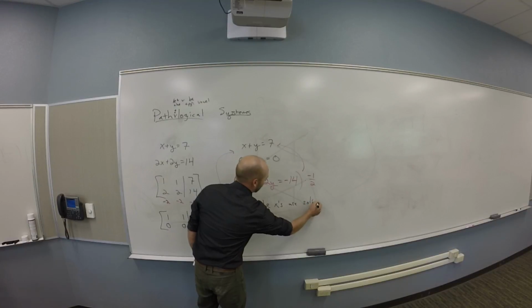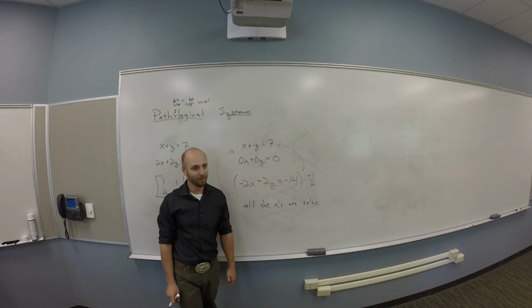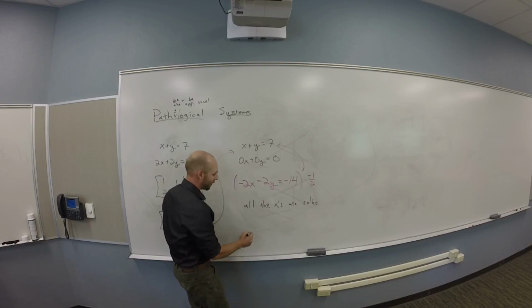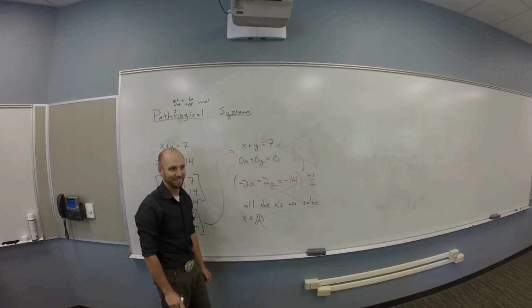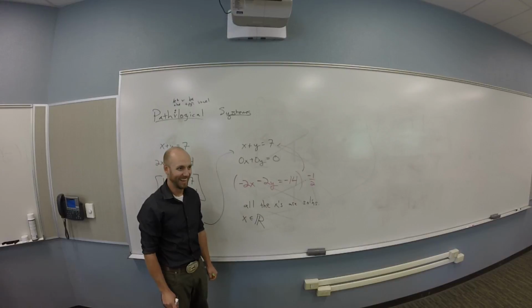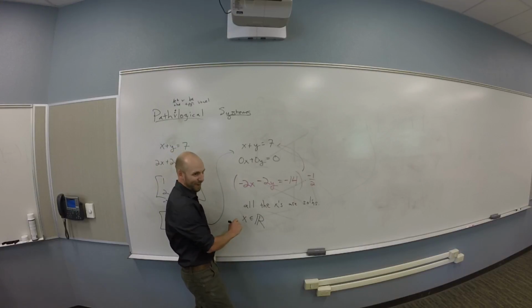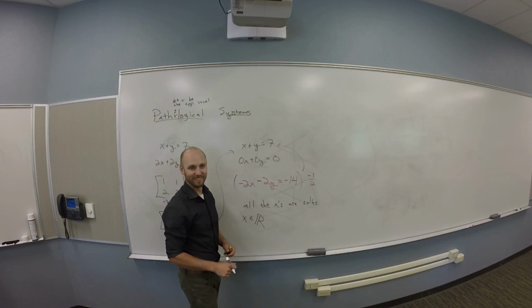Maybe what I would have my Algebra 1 students write. Algebra 2 students might write something like x is in R. Maybe not. I don't think we ever wrote that once. Okay. Other students might write things like they're the same line, so they intersect everywhere. That's also totally fine.